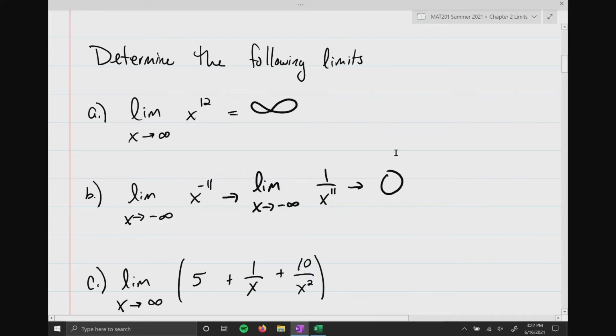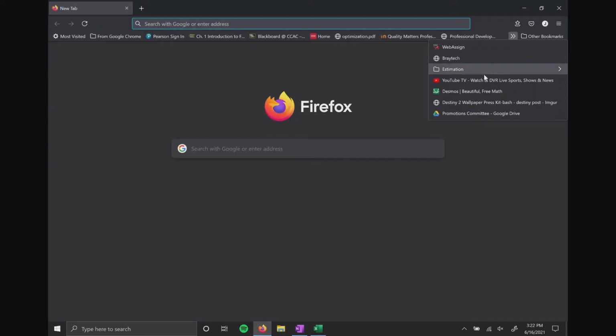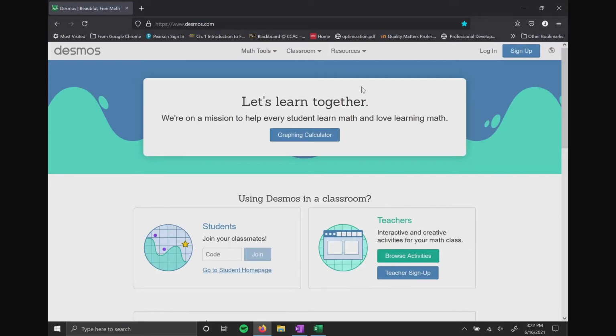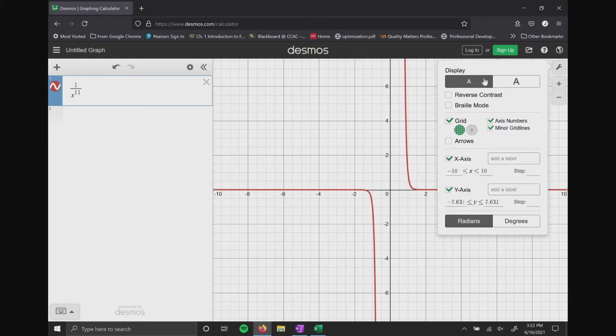Another way that we can view this is by using Desmos. We could just type it in. So let my computer do this real quick. There we go. There's Desmos, the graphing calculator. 1 divided by X to the 11th. Now, you've got to remember, we are going to -infinity here.